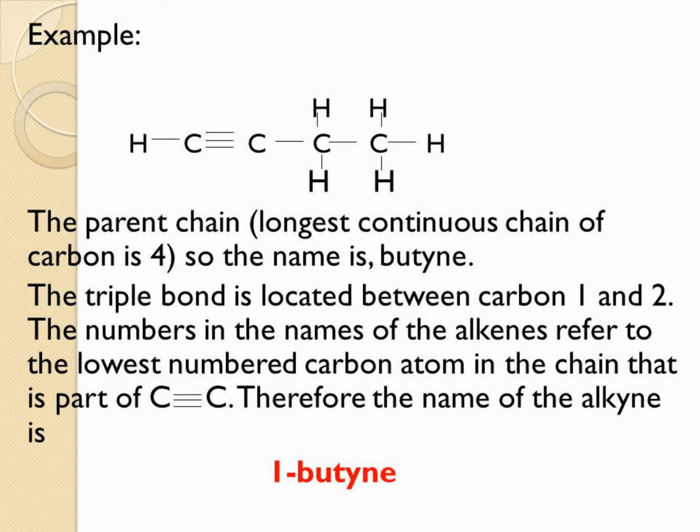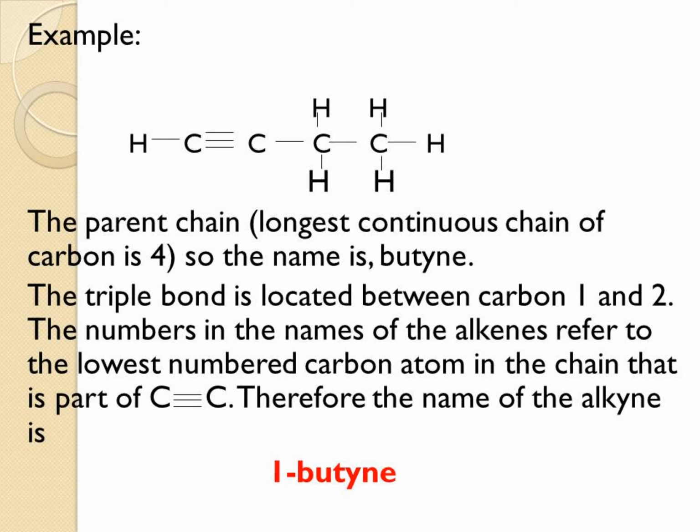Another example: in this example we have a 4 continuous chain of carbon. This is actually a butane, but because of the presence of the triple bond, it becomes a butyne.